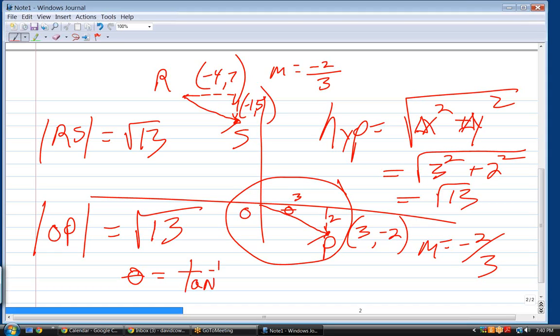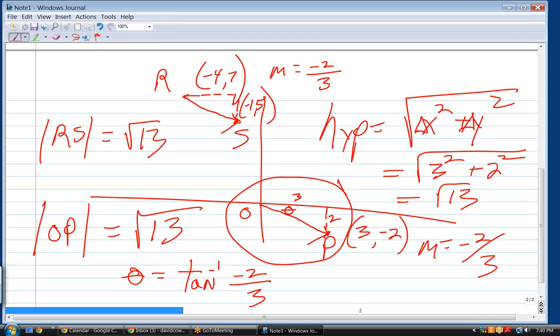The inverse tangent of what? 2 over 3. Or you could say minus 2 over 3 to make sure we end up with a negative angle.